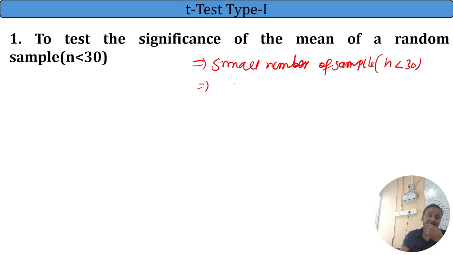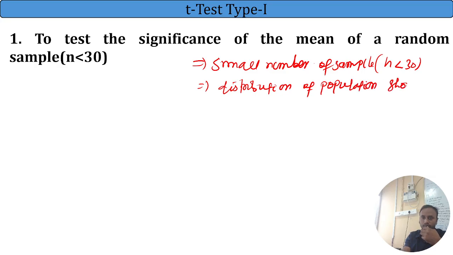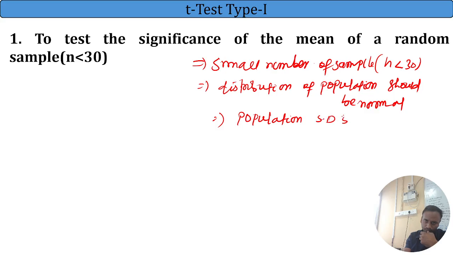And one more assumption is that the distribution of the sample or population should be normal. And one more thing, the population standard deviation should be unknown. So these are the assumptions for the t-test.